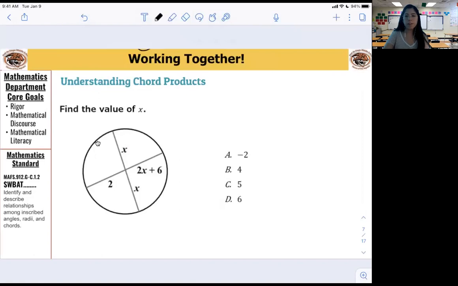Give you guys another 30 seconds. Ten, 9, 8, 7, 6, 5, 4, 3, 2, and 1.